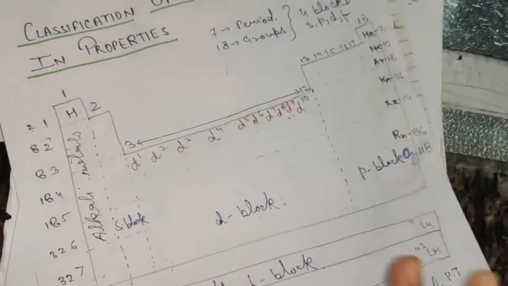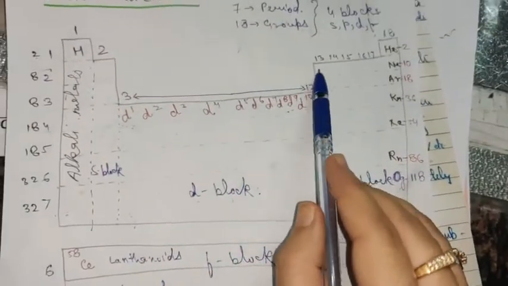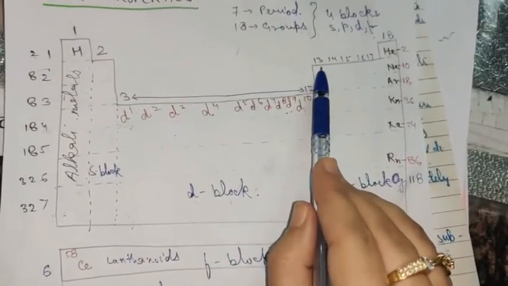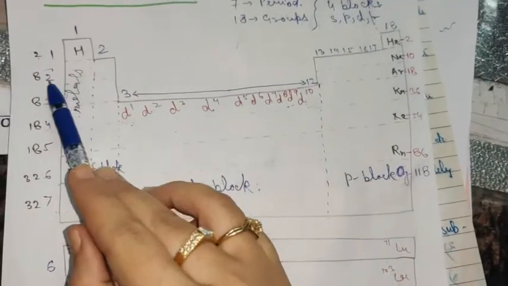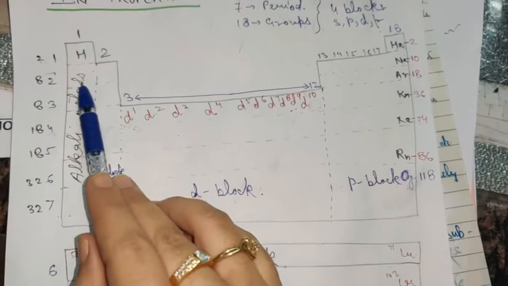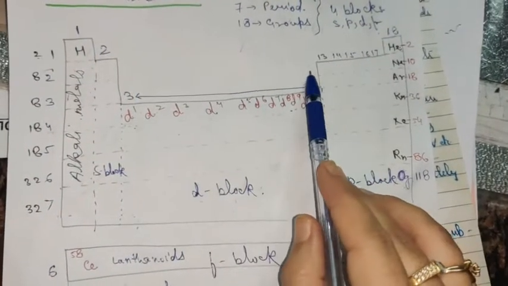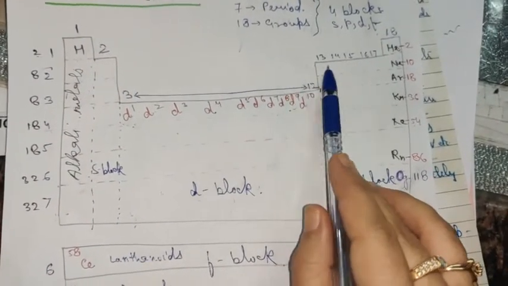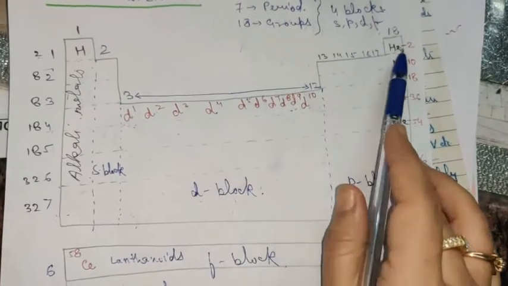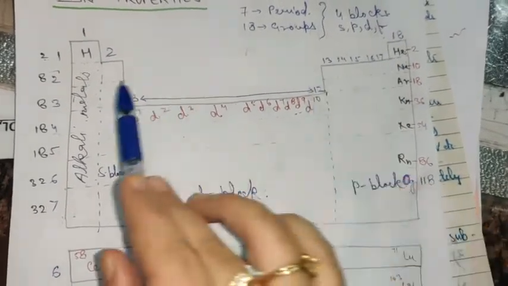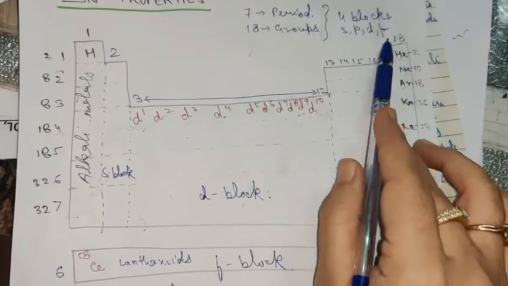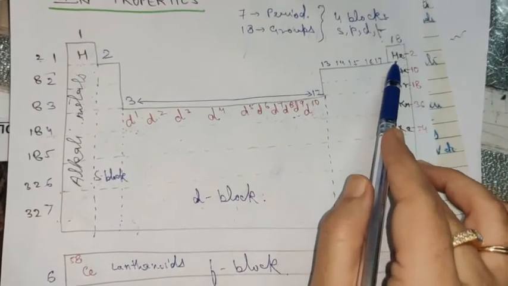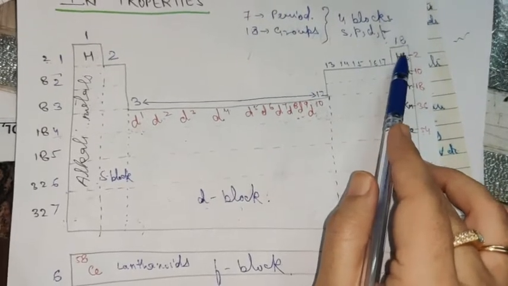Whereas when you talk about p, it starts from the 13th group, which lies in the second period. And then it covers these 13 to 18 groups, and all are lying in the second period. We will not consider helium here. Helium is an exception because its atomic number is 2.